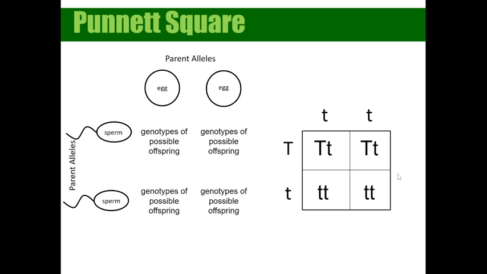Looking at this, we see that we have two of the same genotypes here, which is big T, little t, which is heterozygous, just like Dad. Down here, we have two little t's, which means these are homozygous recessive, like Mom. So this child has a 50% chance of being heterozygous and a 50% chance of being homozygous recessive for this trait.